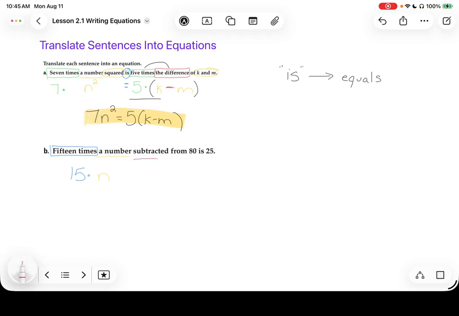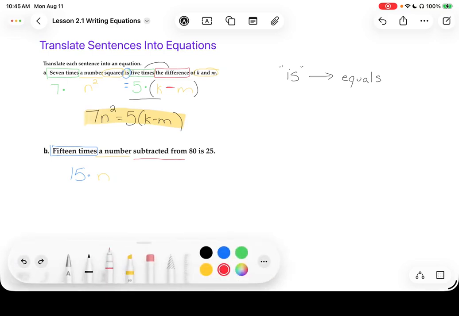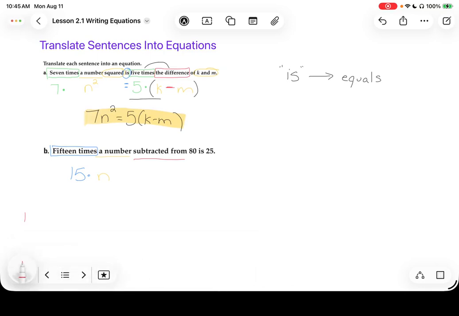Subtracted from. And your temptation may be to say, well, subtraction means minus. But that is not subtracted from. That is subtracting, but it's not subtracted from. If I said subtract 10 from 20, that does not mean 10 minus 20.